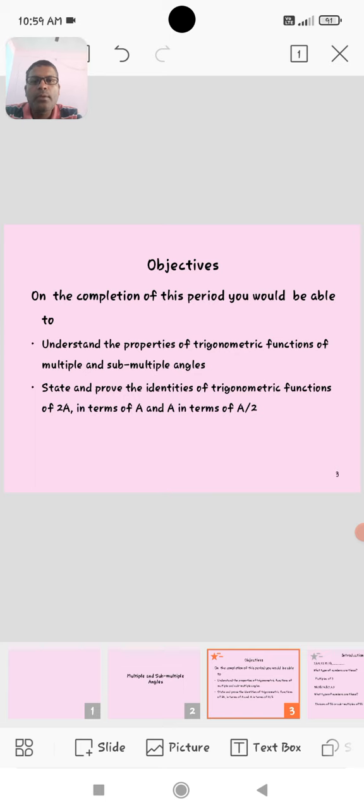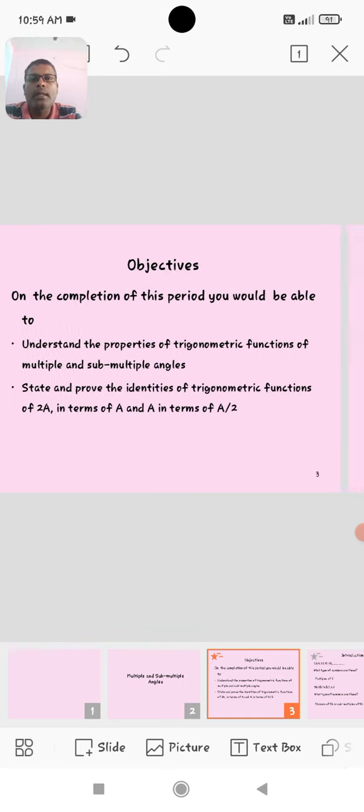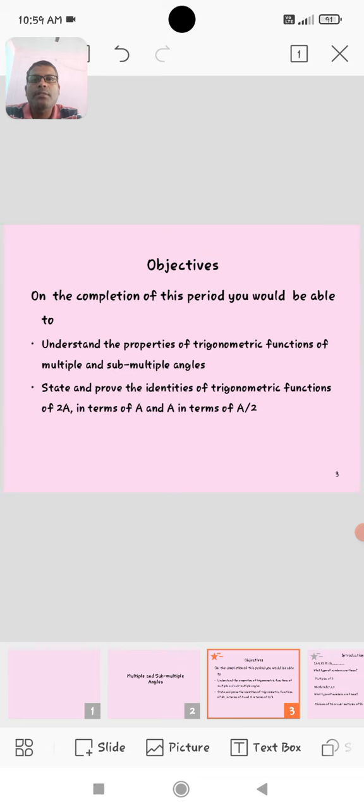Whenever we multiply with 2, 3, those are called multiple angles, and A by 2 is called submultiple angles.